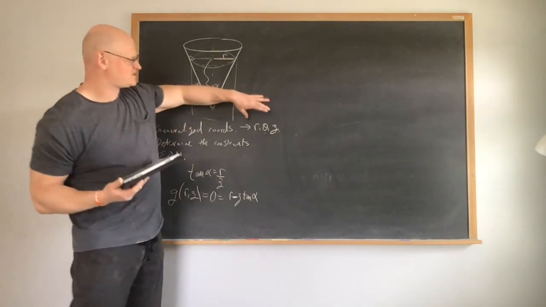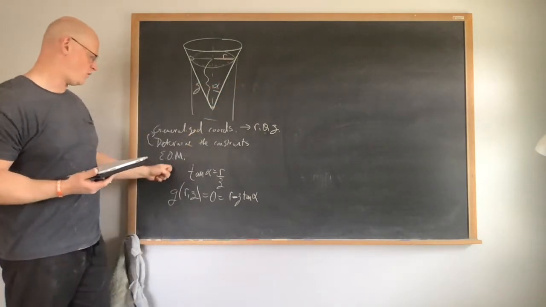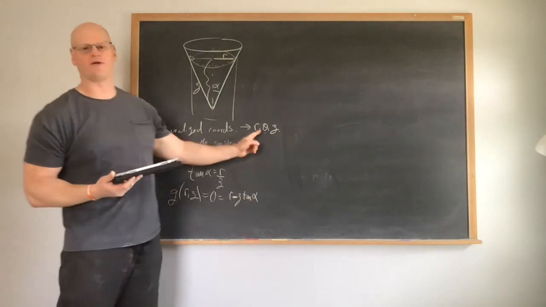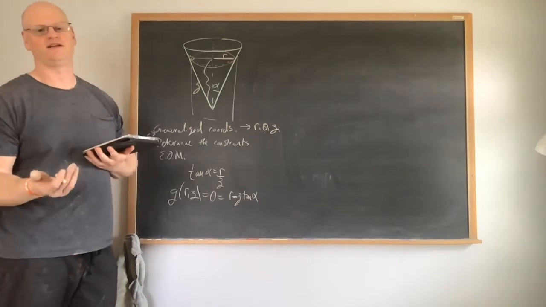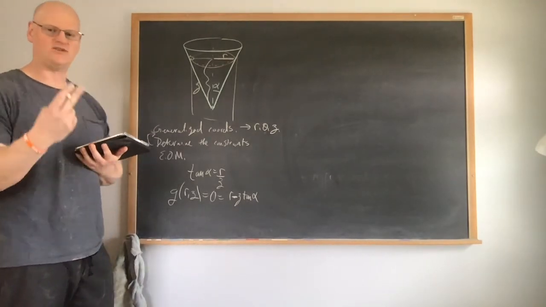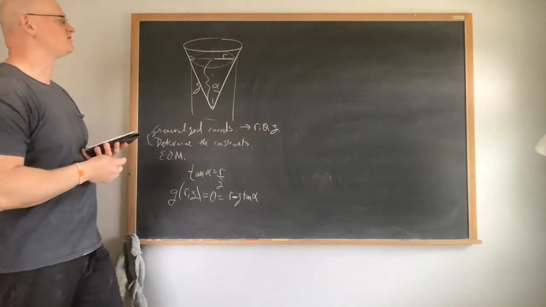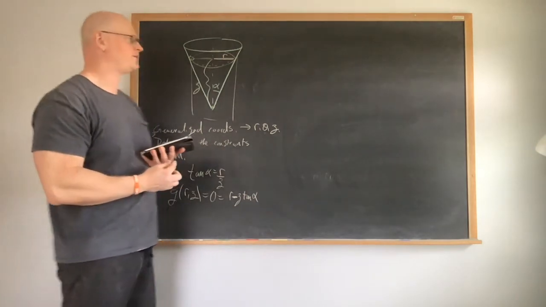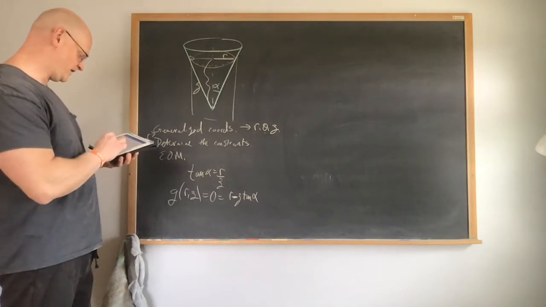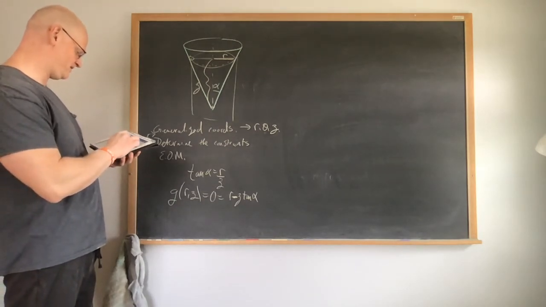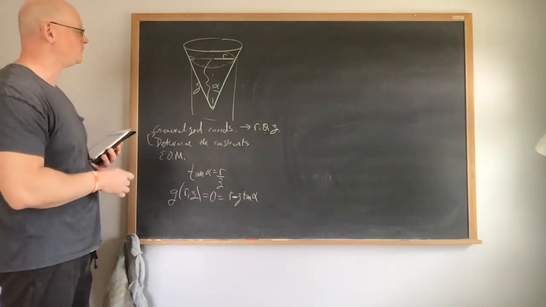Even though I originally started off with three generalized coordinates, I have one constraint equation, which means we actually only have two generalized coordinates, i.e. two degrees of freedom. So degrees of freedom are equal to the number of generalized coordinates that we actually have. Good. So in this case, we can choose which one we want to get rid of. We'll do that in just a second.